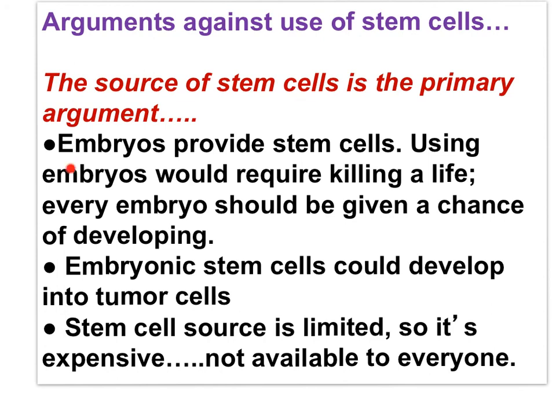In other words, embryos would provide stem cells, but using embryos would require killing a life. Every embryo should be given a chance of developing. As well, embryonic stem cells could develop into tumor cells. And stem cell source, in the case of embryonic stem cells, is limited, so it's expensive. It's not available to everyone.